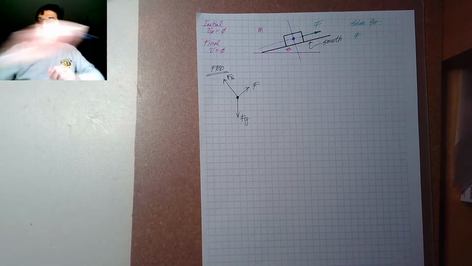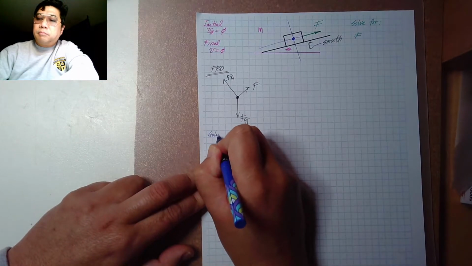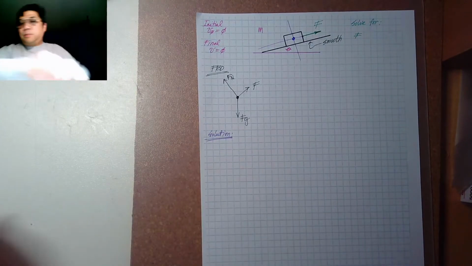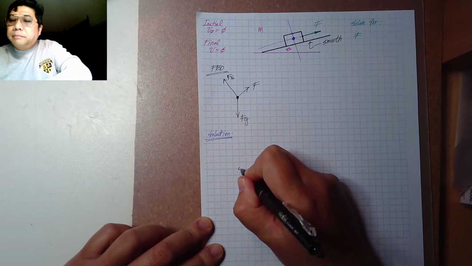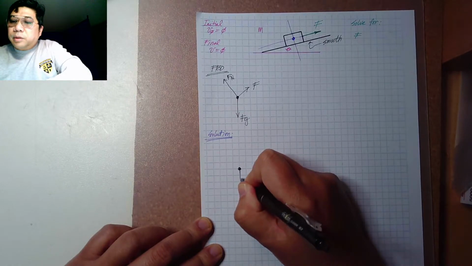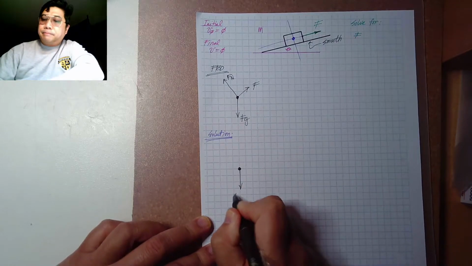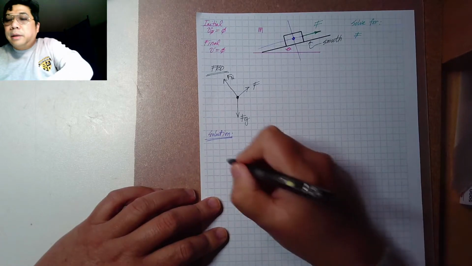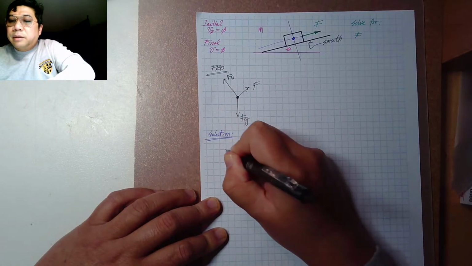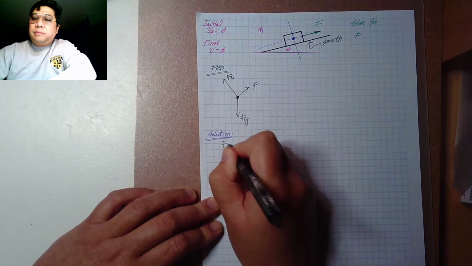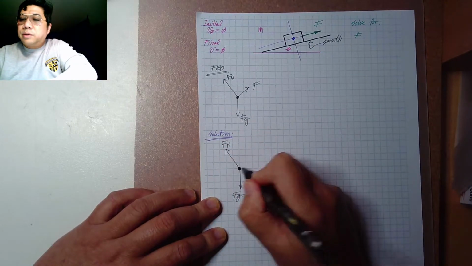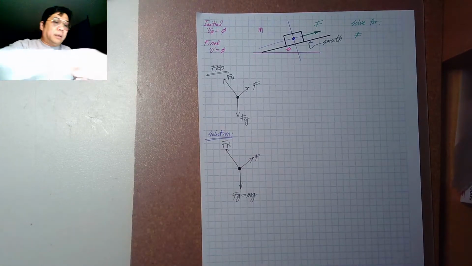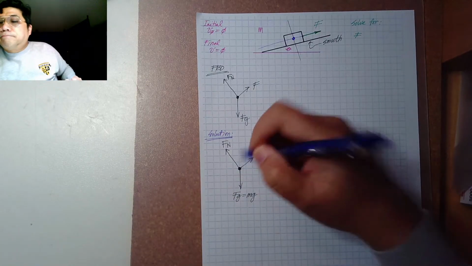Okay, so let us proceed with a solution. Let's put our dot, and then we have our force of gravity, which is mass multiplied by the acceleration due to gravity, and then we have our normal force right here, Fn, and then of course the force that we applied, F. So there are some forces acting along it.